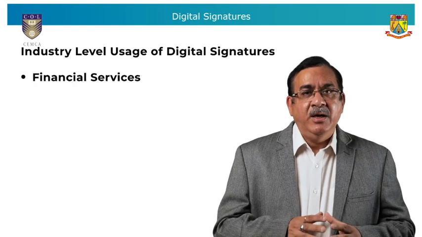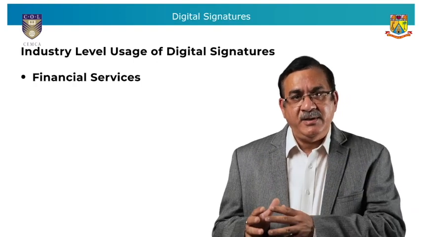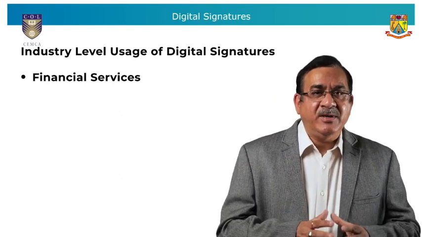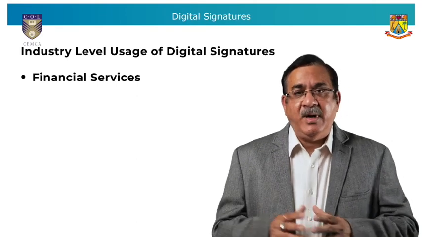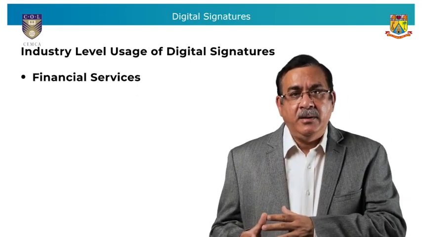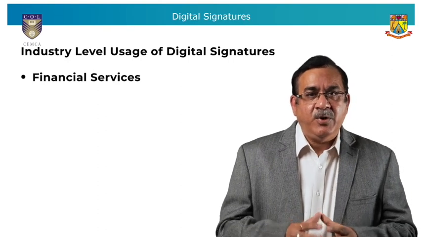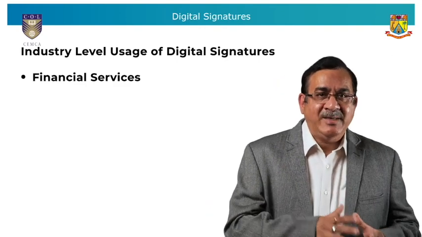This sector uses digital signatures with careful attention to the regulations and guidance put forth by the Electronic Signatures in Global and National Commerce Act, also known as eSign Act, the state UETA regulations, the Consumer Financial Protection Bureau, and the Federal Financial Institutions Examination Council.